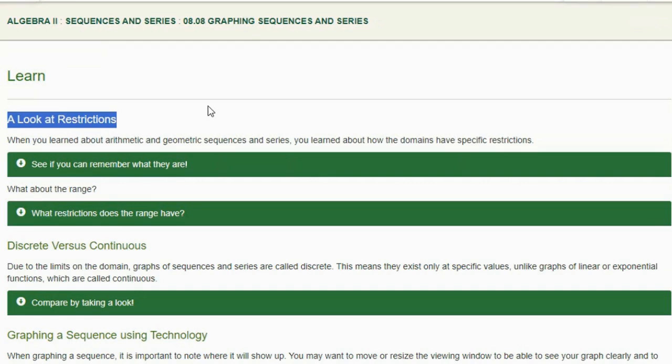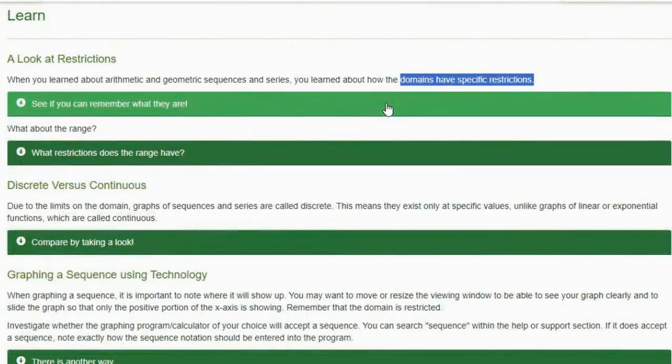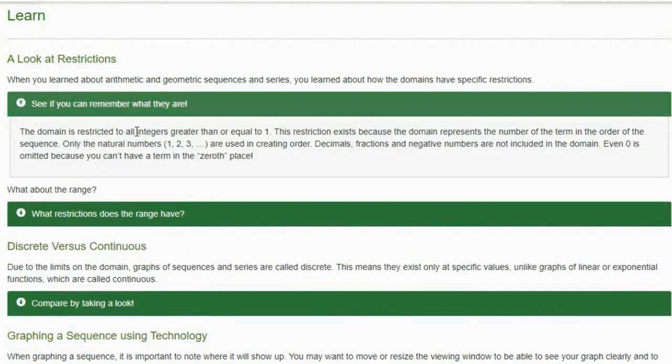When you learned about arithmetic and geometric sequences and series over the past 4 weeks, we learned how the domains have specific restrictions. Remember what the restrictions are on the domain? The domain is like the x, which is the term number, right? The term number is the domain. And it is all integers greater than or equal to 1, because we cannot have a 0th term.